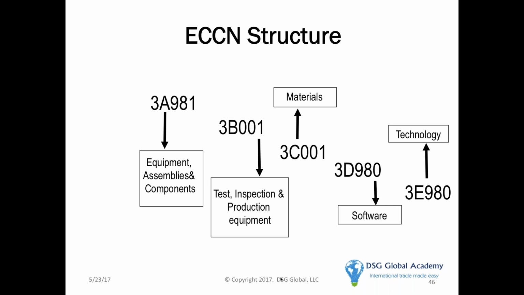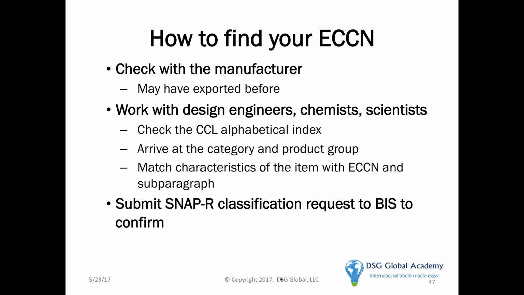So the best way to find the ECCN for your item, and I say if you haven't done your ECCN studies in the last 4 years or updated it, it's time to update your ECCNs. The first thing you should do is, if you're getting your products from a manufacturer, ask your manufacturer for the ECCN numbers.